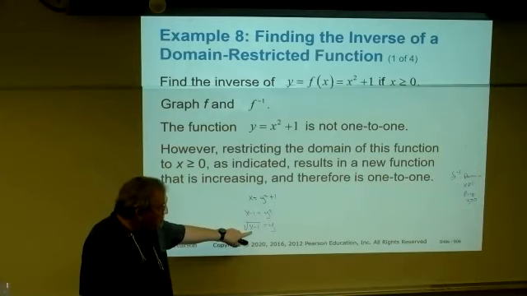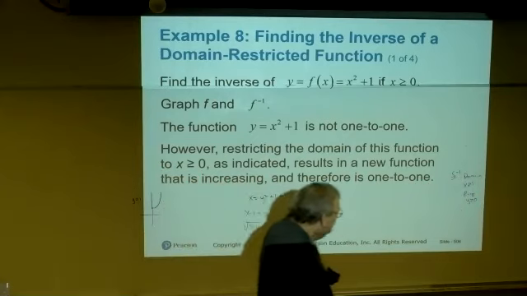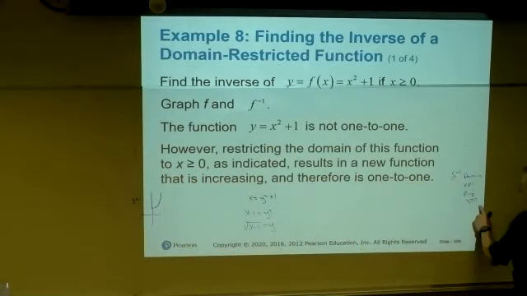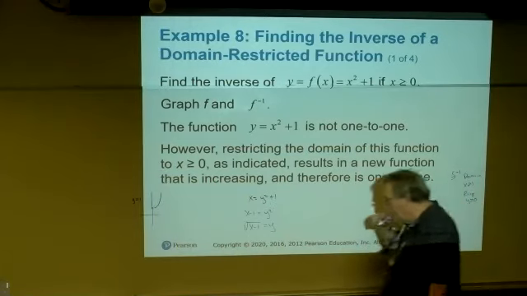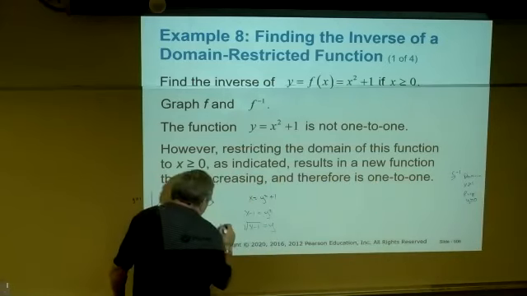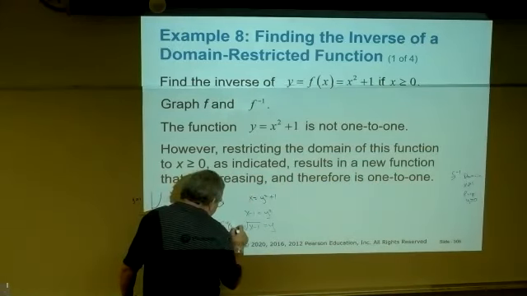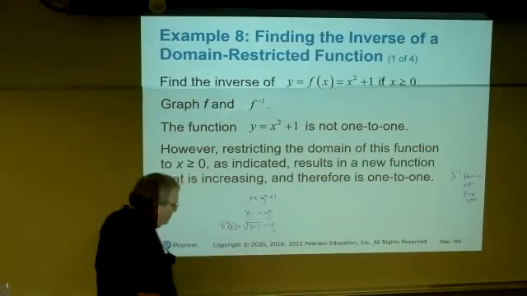Since x begins at 1, 1 minus 1 is 0, and the square root of 0 is 0, which is in the range that we discovered. So that's my inverse: f inverse of x equals that.